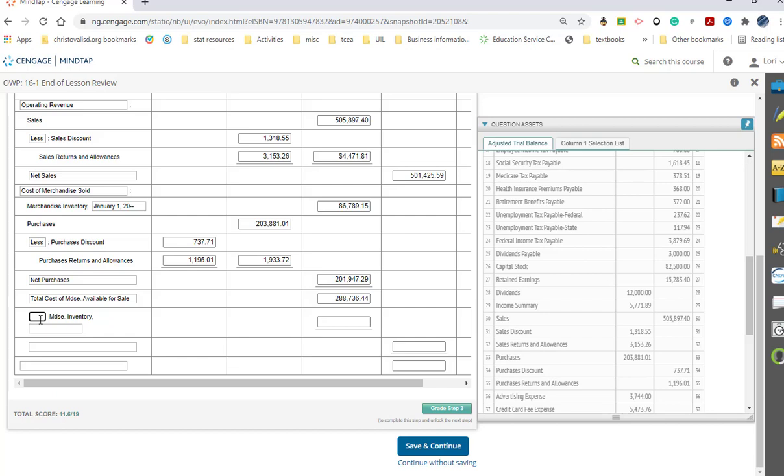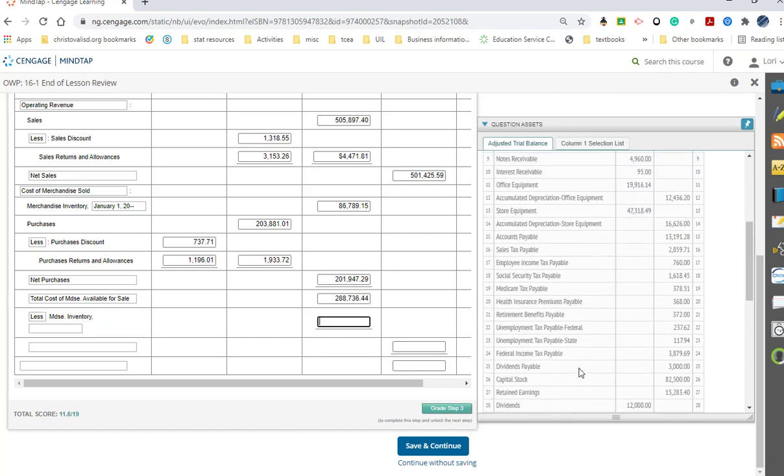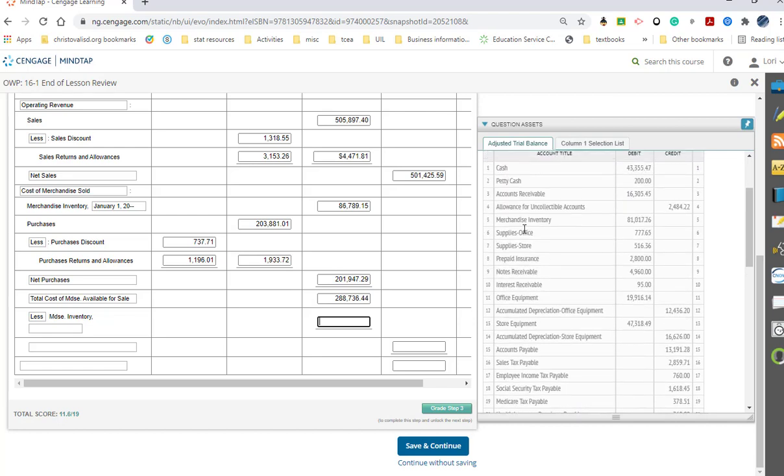Now we're going to subtract, less our merchandise inventory. And so we've got to find our merchandise inventory, which is up in the top part because it's an asset. And it's $81,017.26.